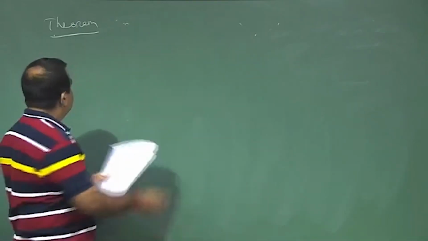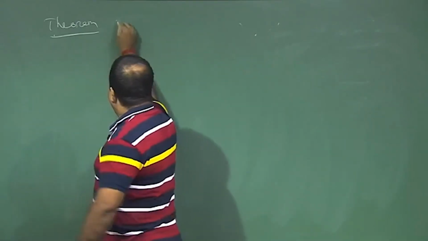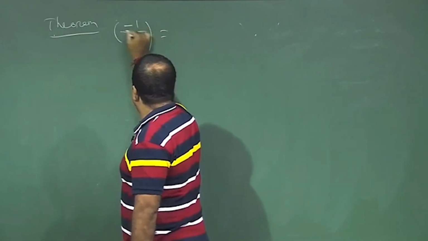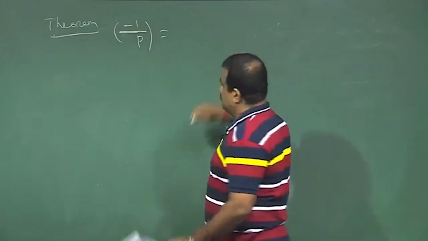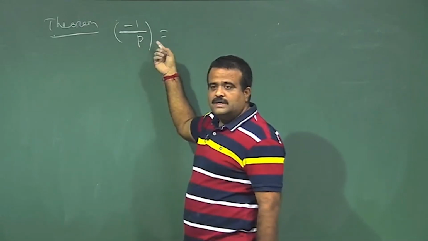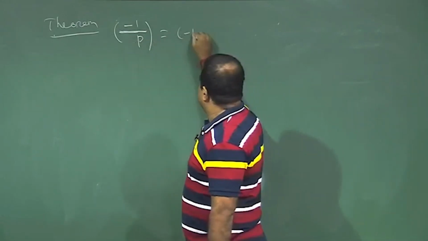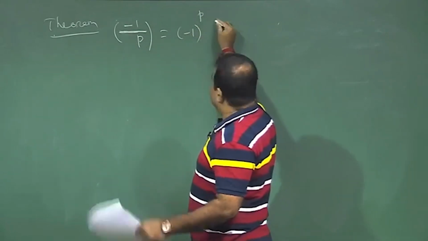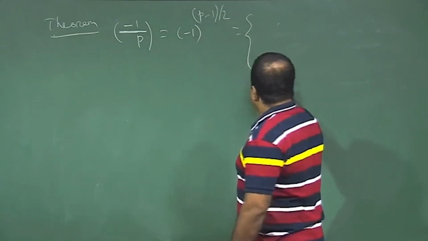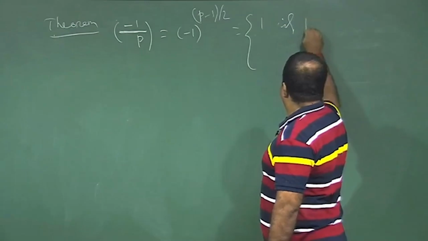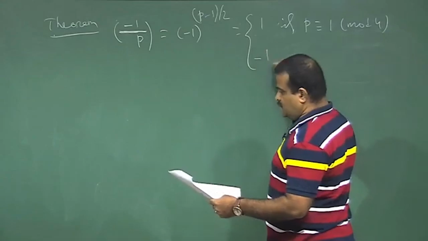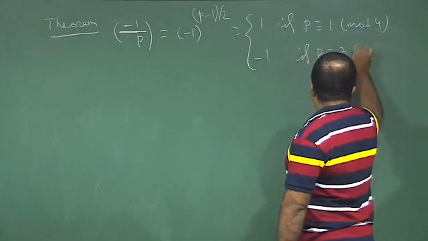This is telling us minus 1 by P. By Euler's criterion, this is minus 1 to the power (P minus 1) by 2 mod P. So, this is 1 if P is congruent to 1 mod 4, and it is minus 1 if P is congruent to 3 mod 4.